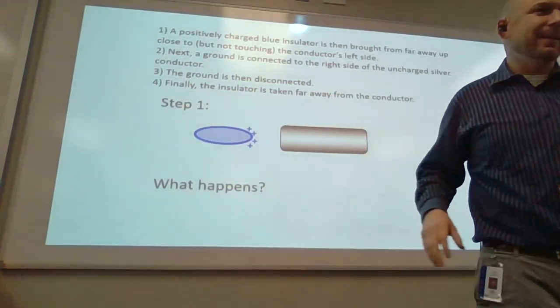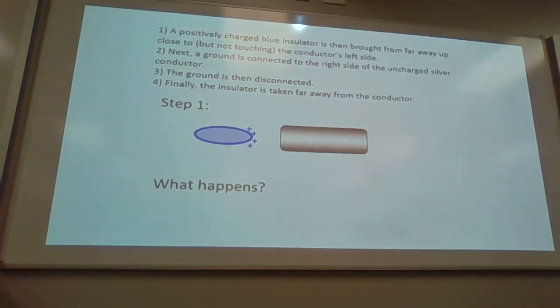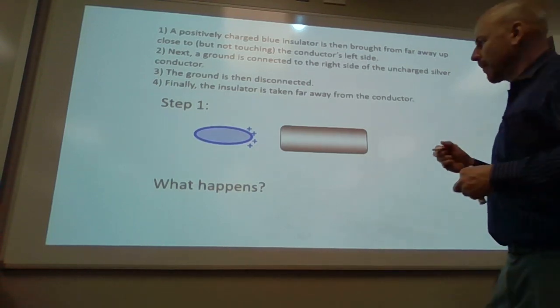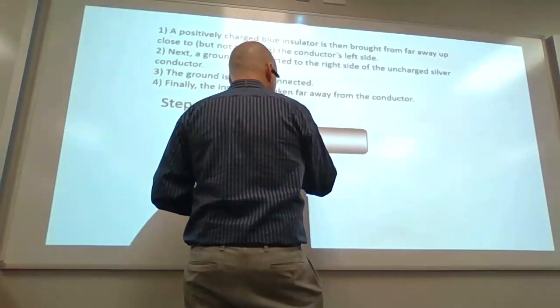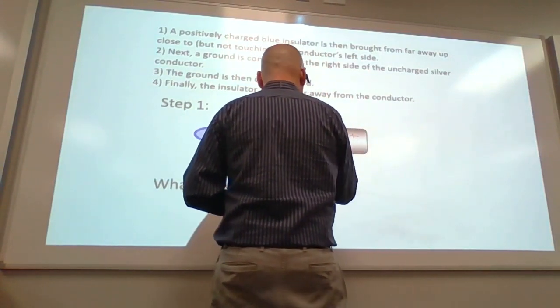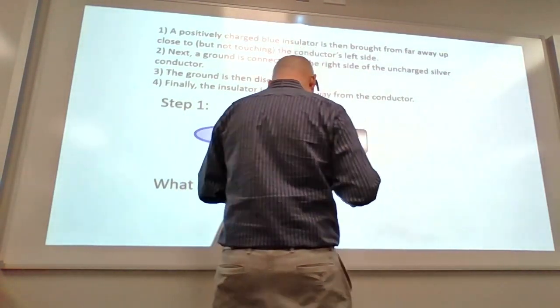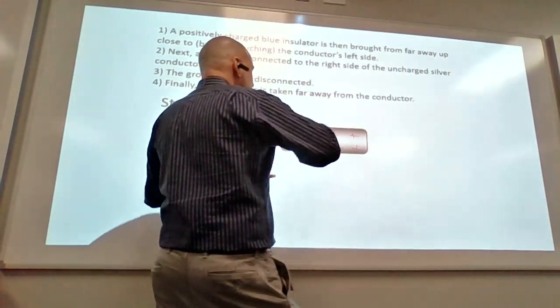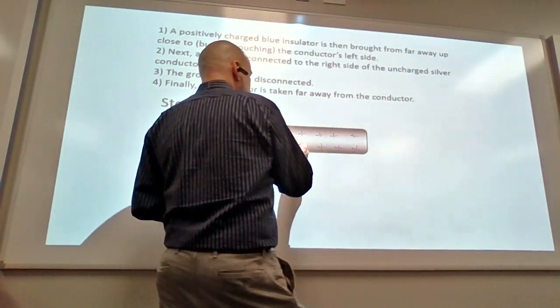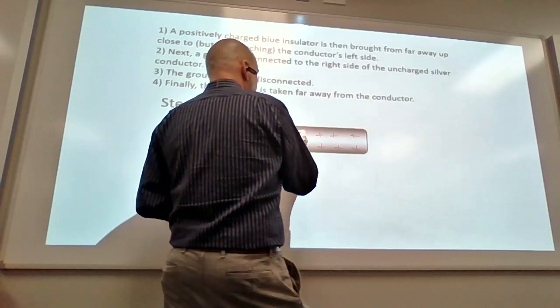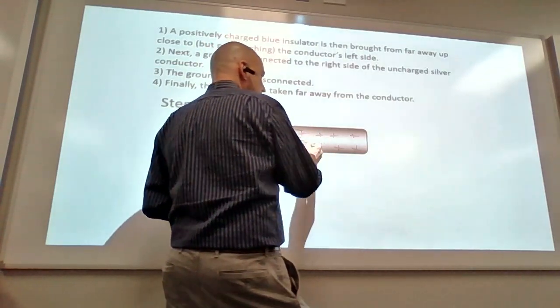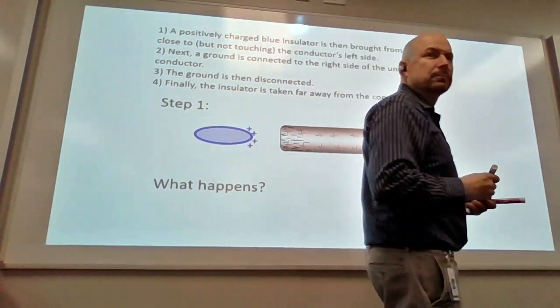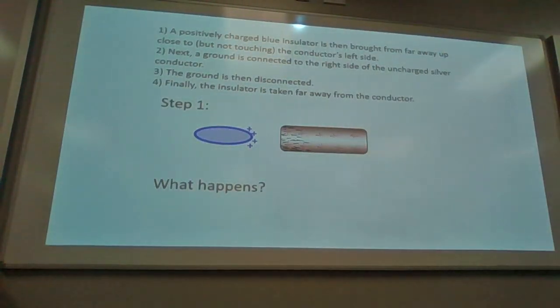Visualize what happens inside the conductor because of that positively charged object. The electrons in here are like, ooh, look at the positive, and it polarizes. Good with that?